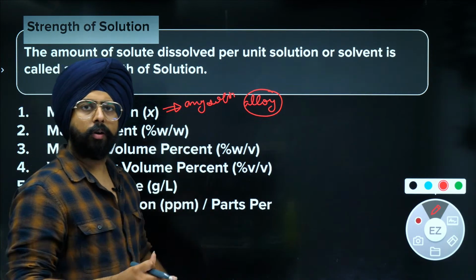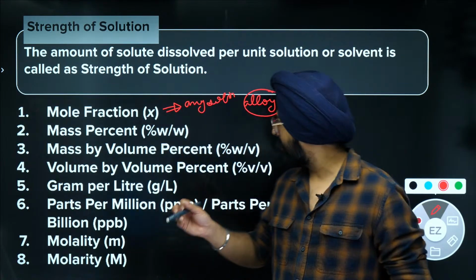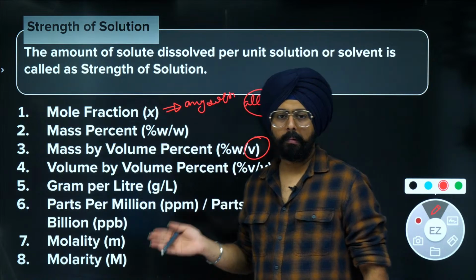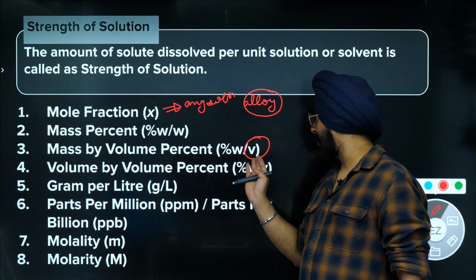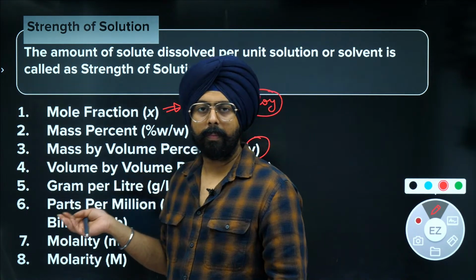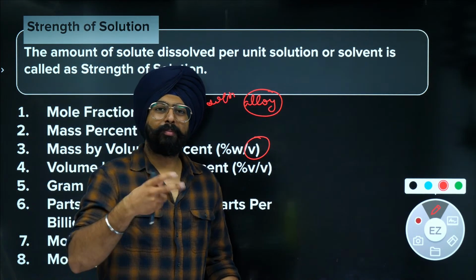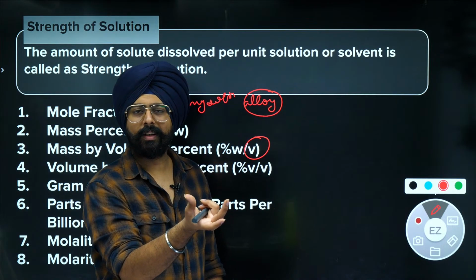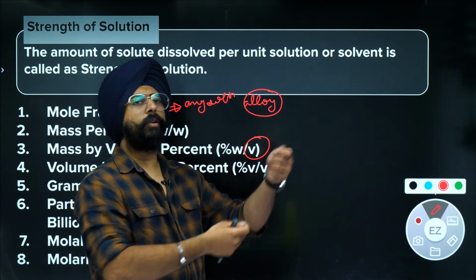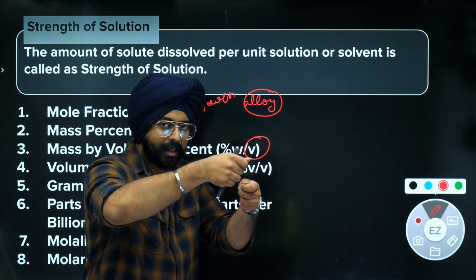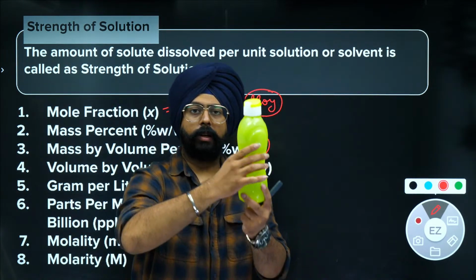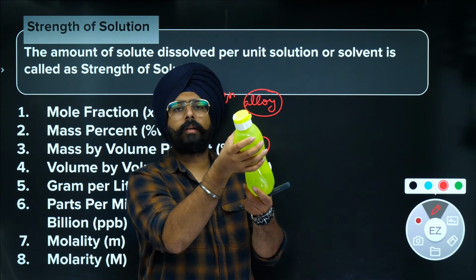But for a solid, if I have to calculate the volume, does that make any sense? Will I ever use percentage weight by volume for a solid solution? No. Volume makes sense when I talk about liquids, because I can measure liquids easily in volume. This is 100 ml, this is 1 liter. If a liquid fills the entire bottle, it is 1 liter.